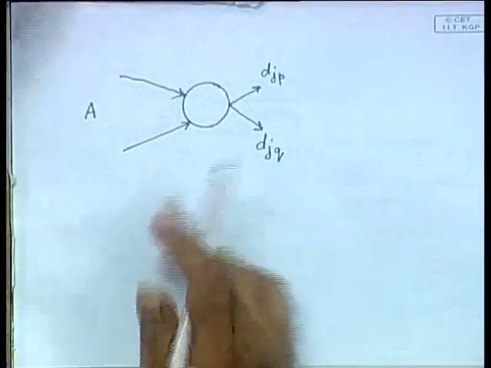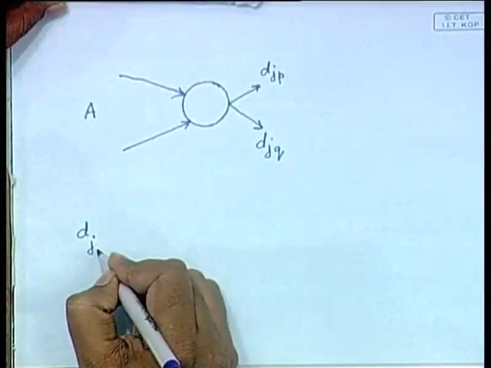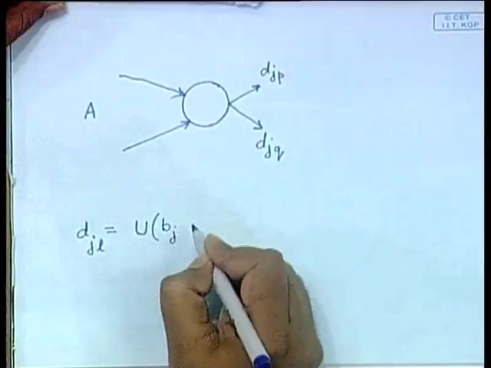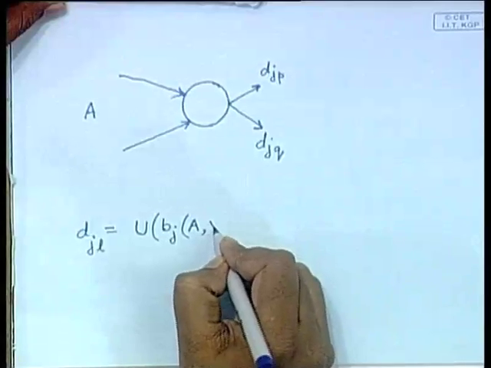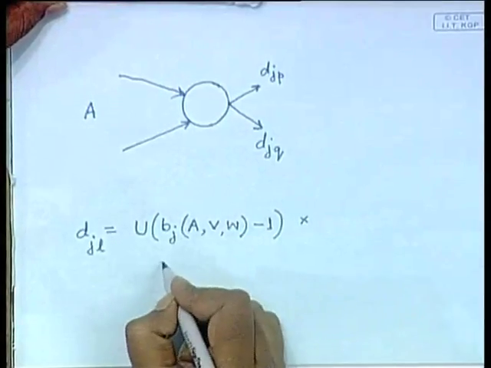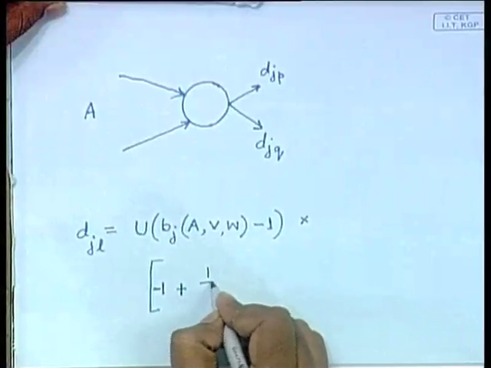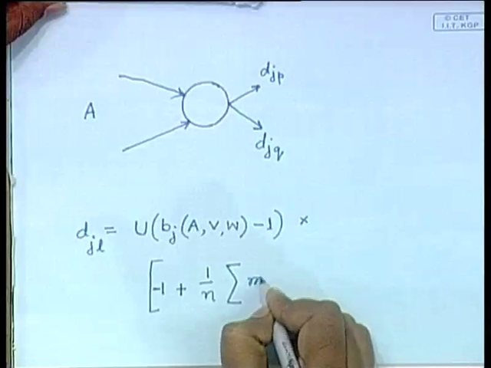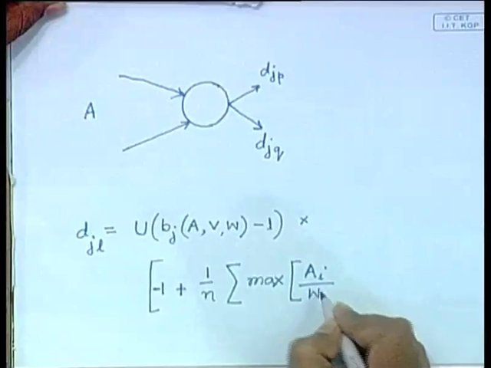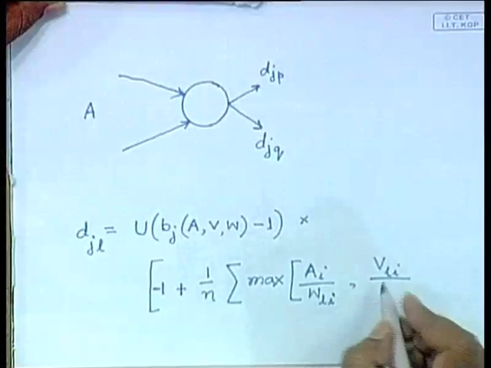Okay. And the output function can be put like this: djL, let me put it as L, that will be equal to u(bj(A, V, W) minus 1) into (1 minus (1 plus 1 upon n) summation of max(A_i by W_Li and V_Li by A_i)).